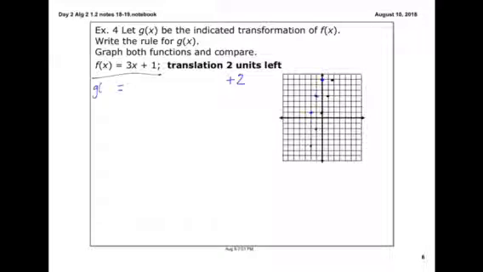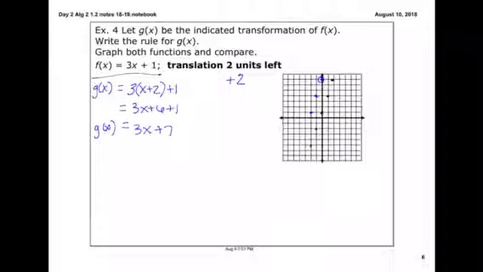So g of x would represent 3 times (x plus 2) plus 1, which is 3x plus 6 plus 1. Combining like terms, we get 3x plus 7. And you can see that our y-intercept was in fact at 7. We are still rising 3, running 1, and we just wrote the rule and compared both of those functions.